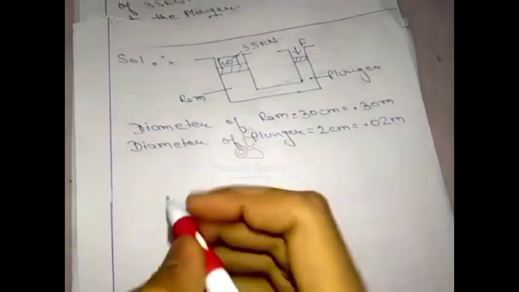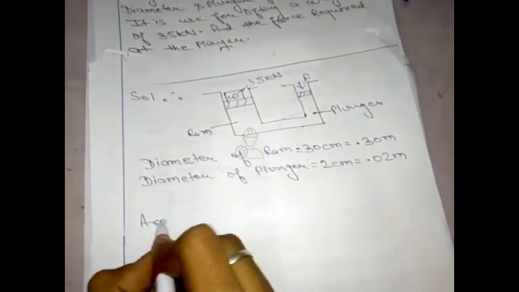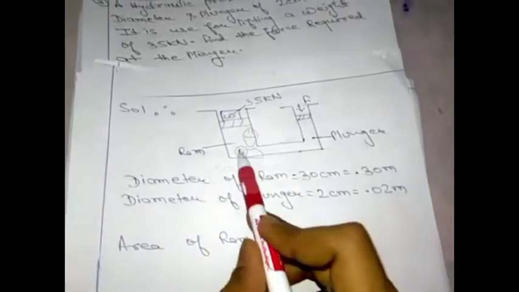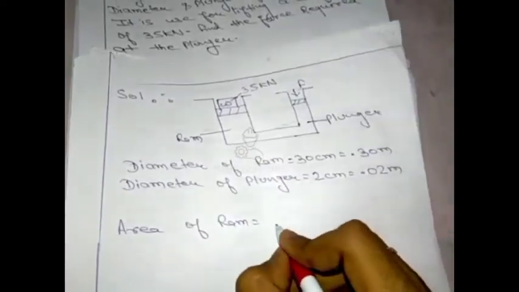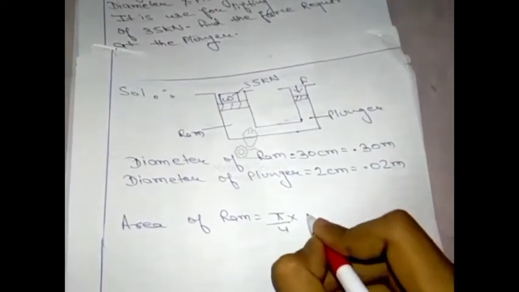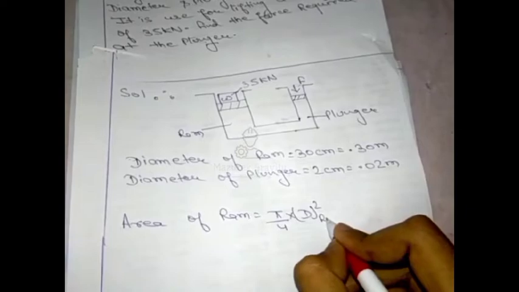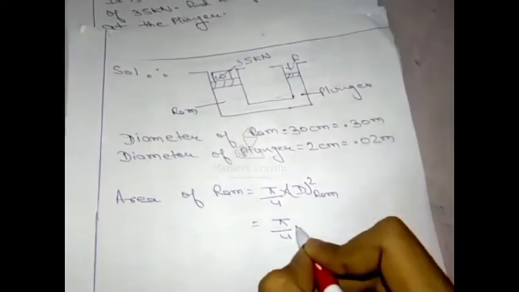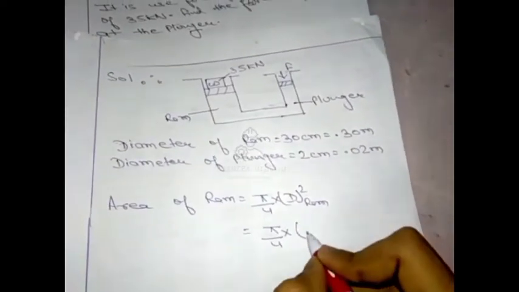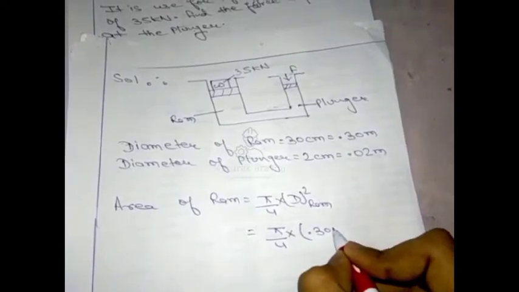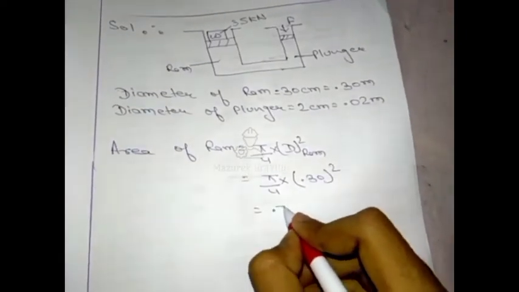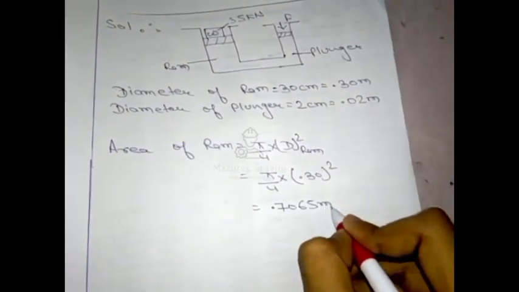After that, we will calculate the area for both the ram as well as the plunger. So area of ram, since the ram is cylindrical in shape, so area of cylinder is pi by 4 into d square of ram. So we will put the value here. So pi by 4 into, put the value of d square, that is 0.30 square. When you calculate, you will get 0.7065 meter square.